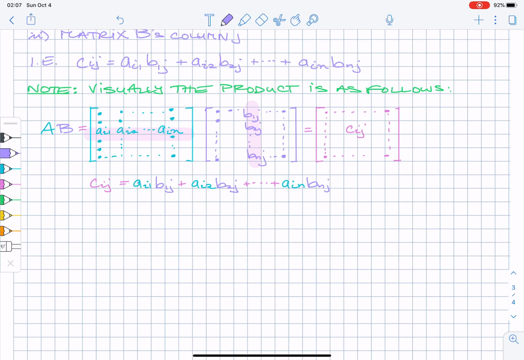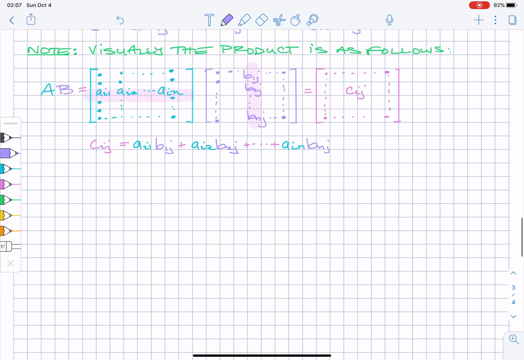Notice I use the rows for A and the columns for B to find the entry.